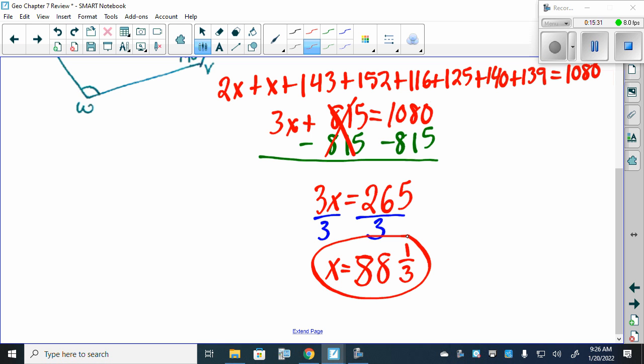Yeah, you can do 1/3, or 88 point, if you give me a bunch of 3s, that's fine too.